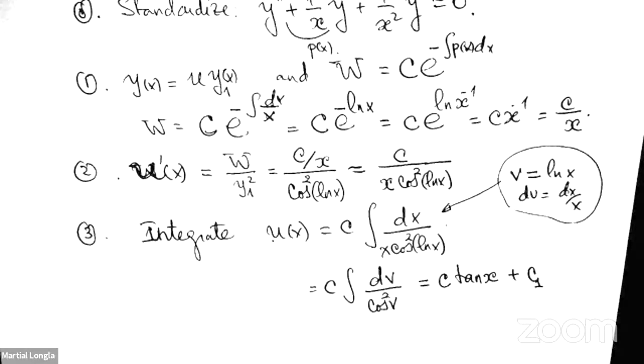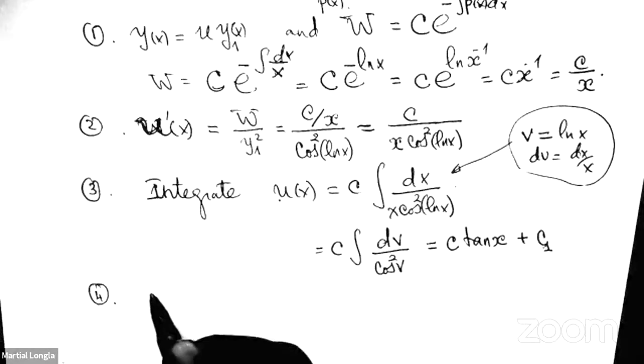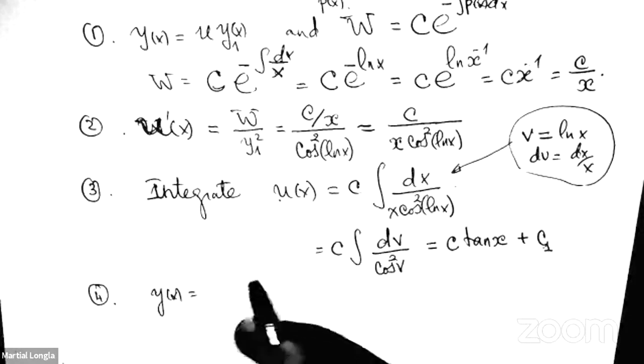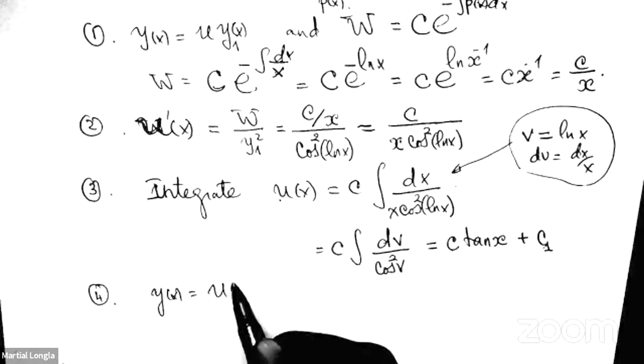And you can see that after integration, you now have 2 constants in this function, u of x. And then in the next step, you just write y of x equals, as said at the beginning, u times y1 of x.